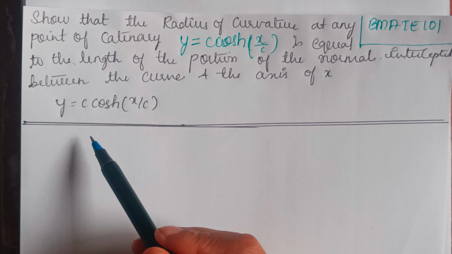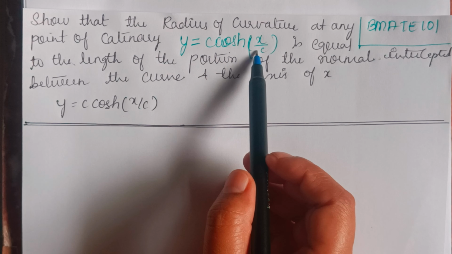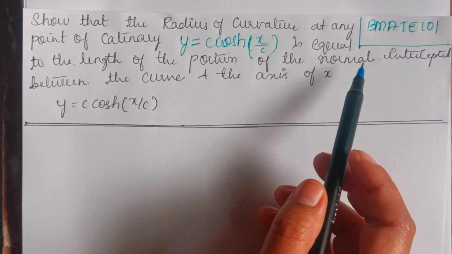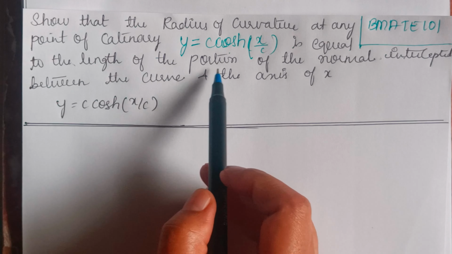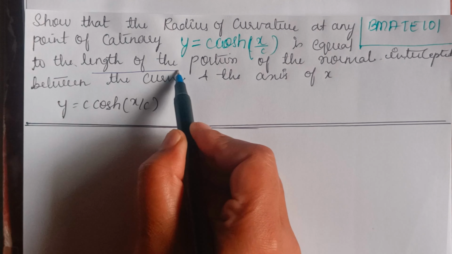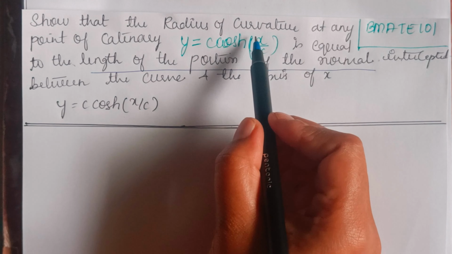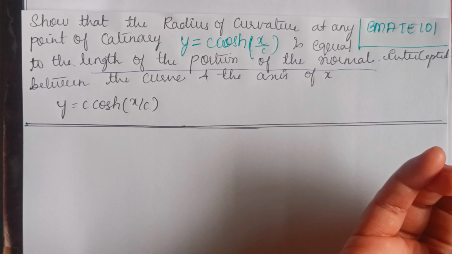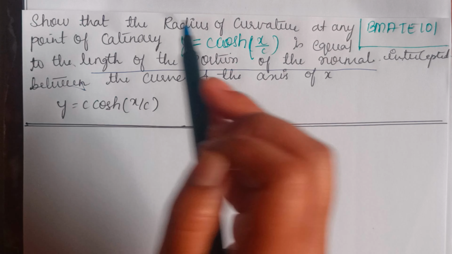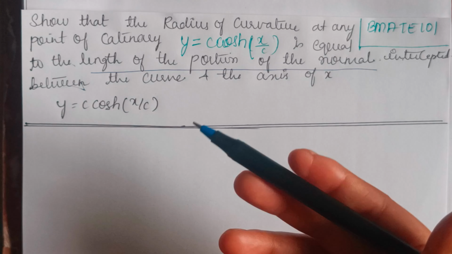So here we first have to find the radius of curvature, and then we have to find the length of the portion of the normal, and see that they both are equal. We just have to justify it, or we just have to show it.